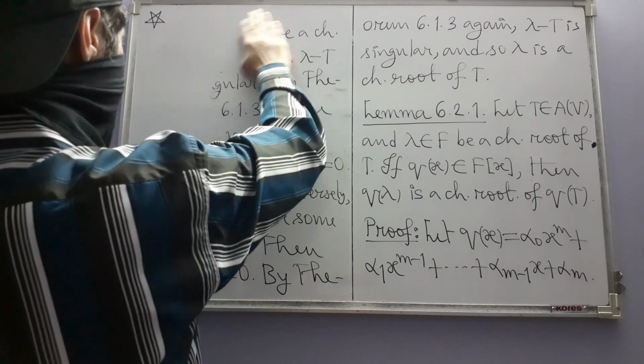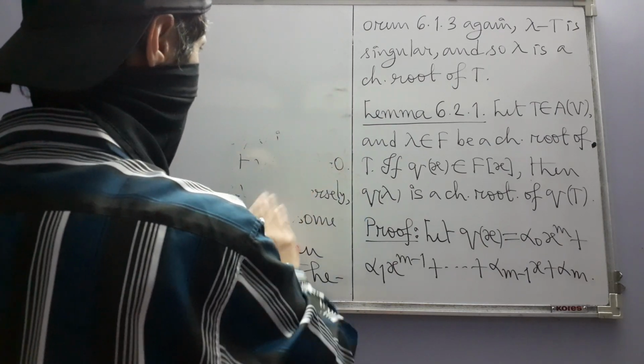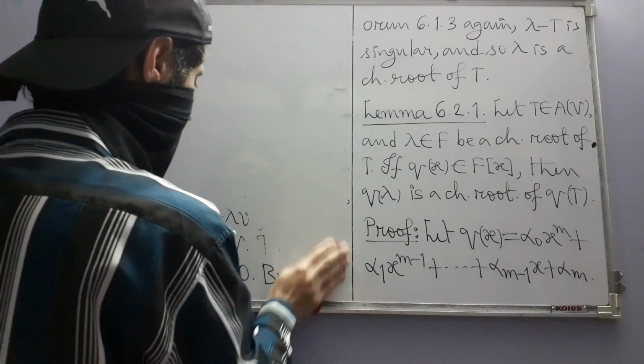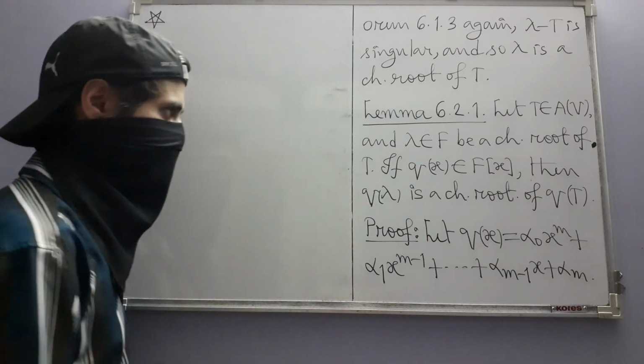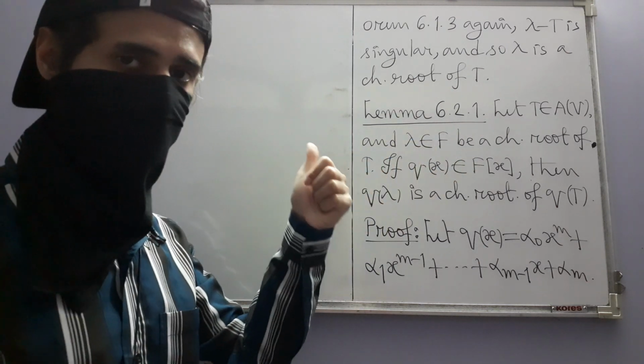Now we will not use the definition of characteristic root itself, but the previous theorem which links these things to that non-zero vector v. Because it is given that lambda is a characteristic root of T, so that v exists.